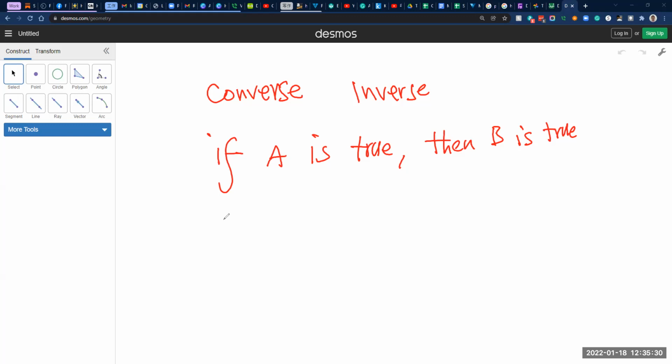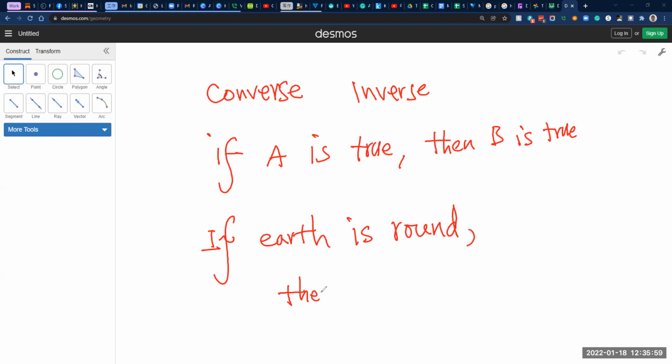Now, for example, if the Earth is round, what is the logical consequence?